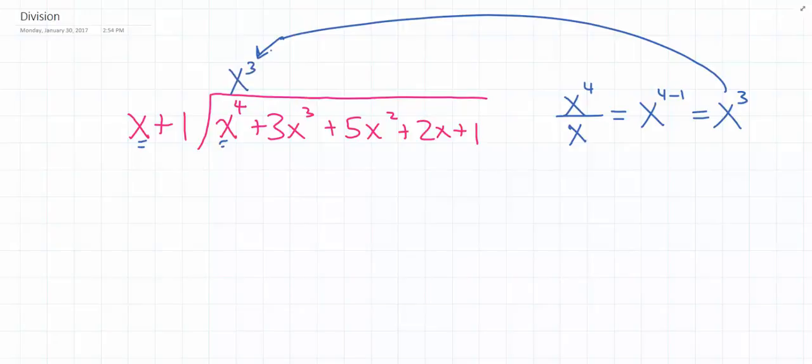So this is x cubed. Then I take the x cubed and multiply it by the x plus 1. When I do that, I get x to the fourth plus x cubed, and I put that here.